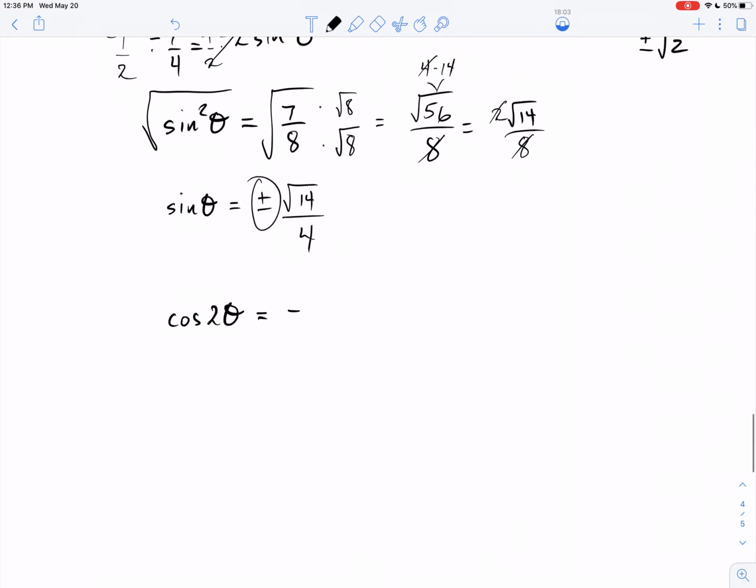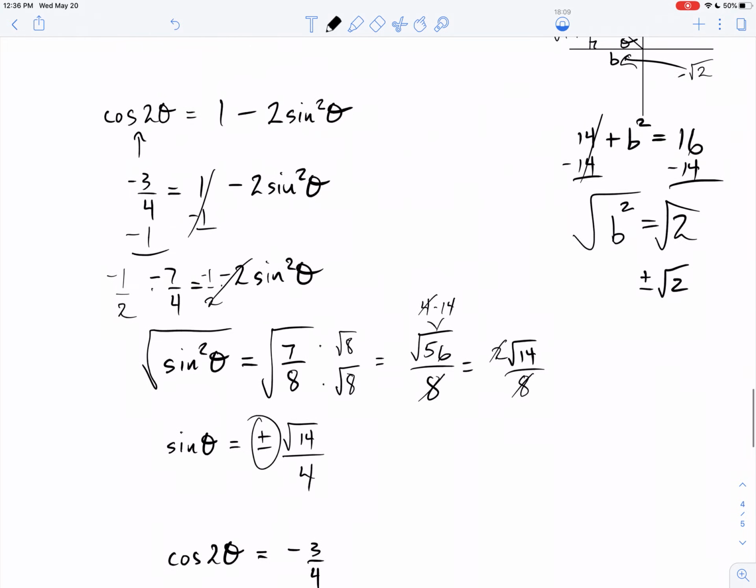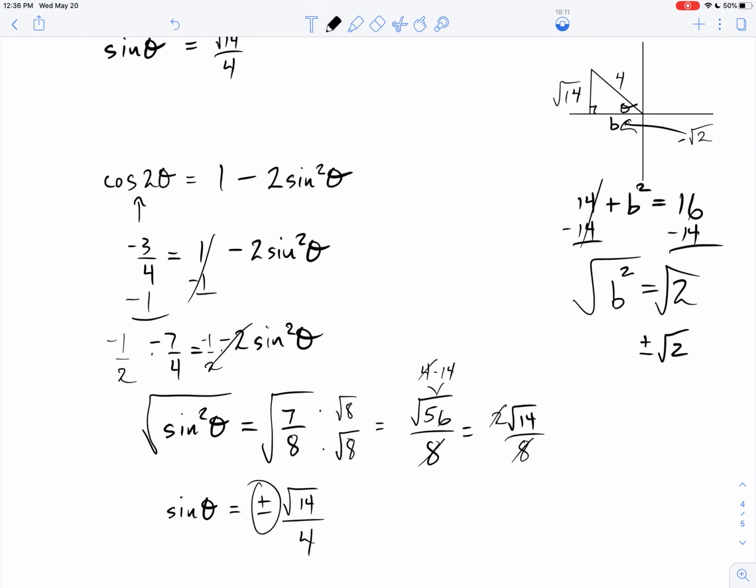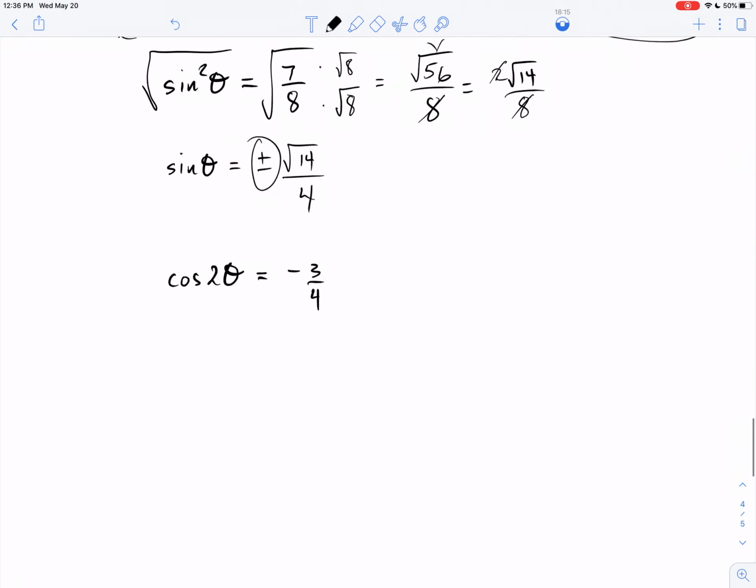That's what they told me. If I wanted to, instead of finding cosine using this method I just did to label my triangle, I could have said, you know what? This guy right here is the same as 2 cosine squared theta minus 1. I could say that is equal to negative 3/4.